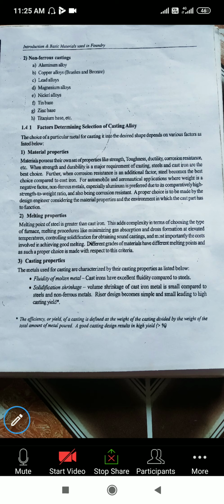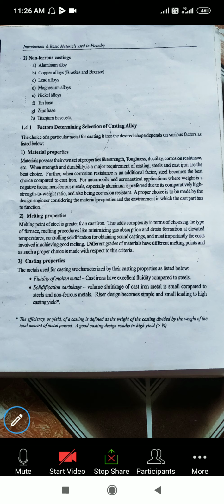In the automobile sector, if you are using any casting products or an engine made by casting, the main factor to be considered is that it should be lightweight. These are the things to be considered when selecting the material for the casting purpose or to get finished products by these casting methods.